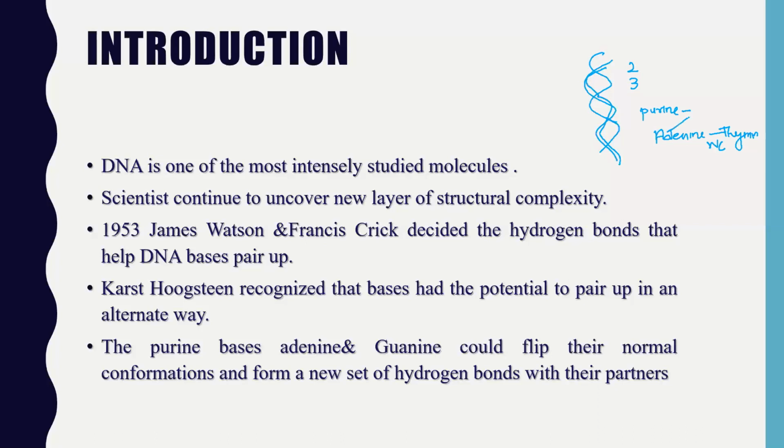Apart from that, it can also base pair with another thymine using this Hoogsteen base pairing, in order to give it a triplex helix view. So let's move on to the next slide.